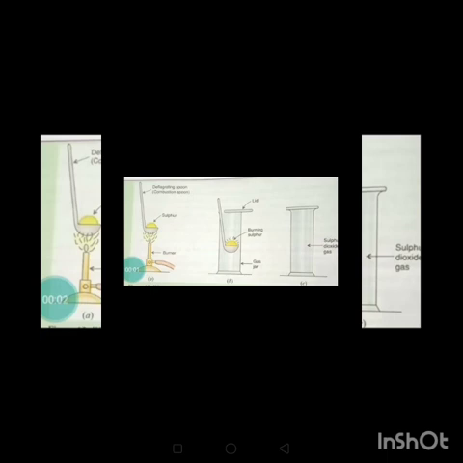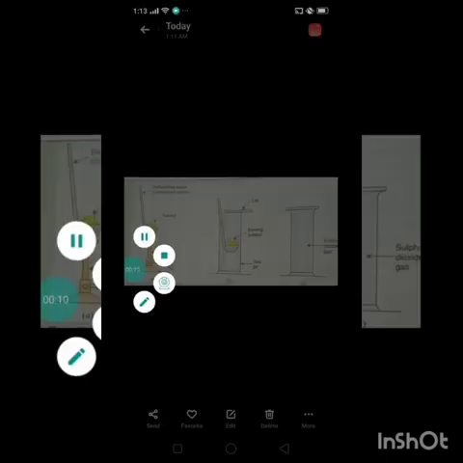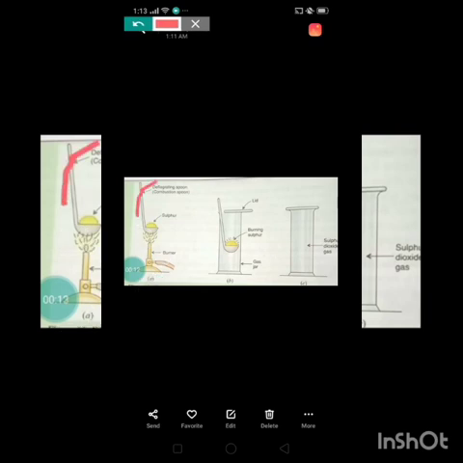See, this is how sulfur is burnt. With the help of a burner, sulfur is taken on a spoon. This is a spoon, and the spoon is kept inside a gas jar with a lid, and then it burns inside the gas jar to form sulfur dioxide.